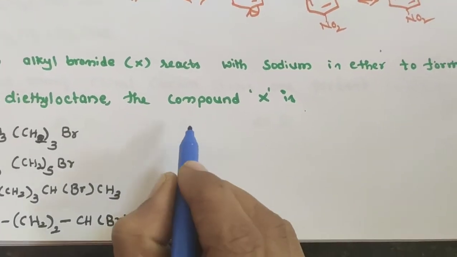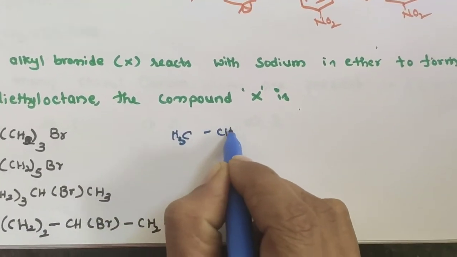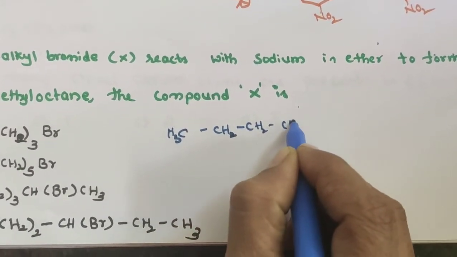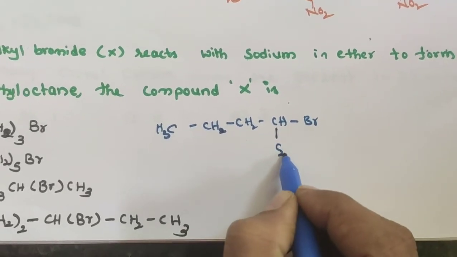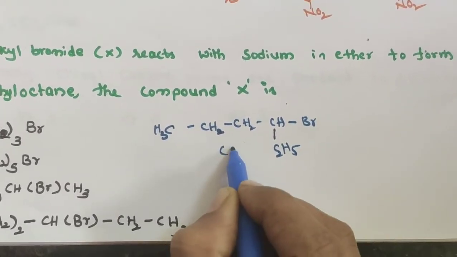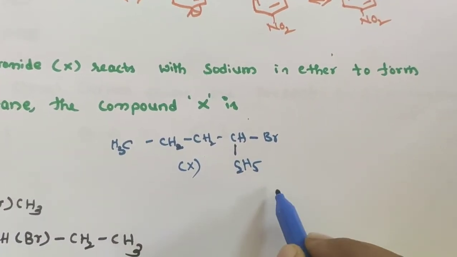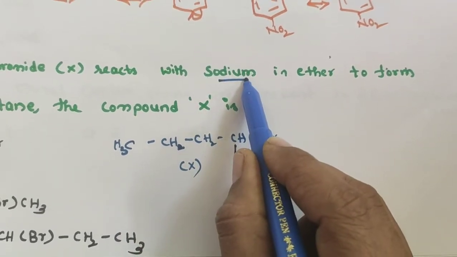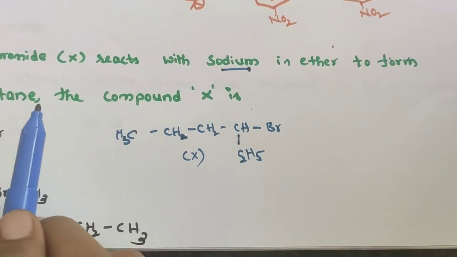See here, first we have to take an alkyl bromide: CH3, CH2, CH2, CH, here Br. Here there is a substitution of a C2H5. This is taken as X. So it must be treated with sodium in ether to form 4,5-diethyloctane.